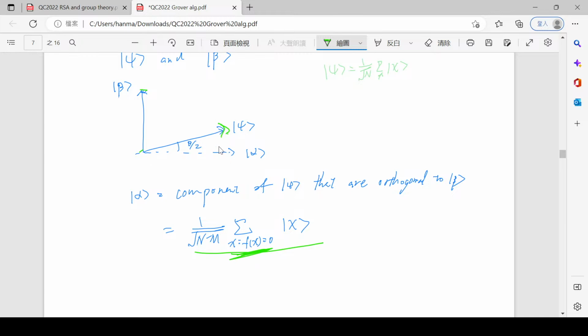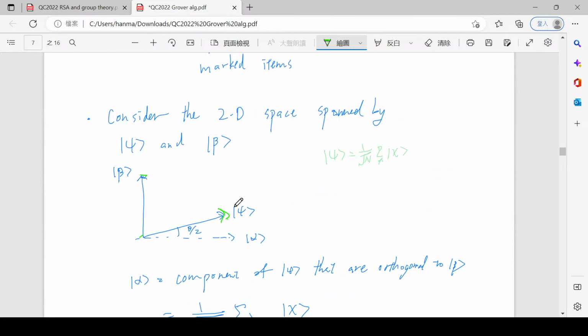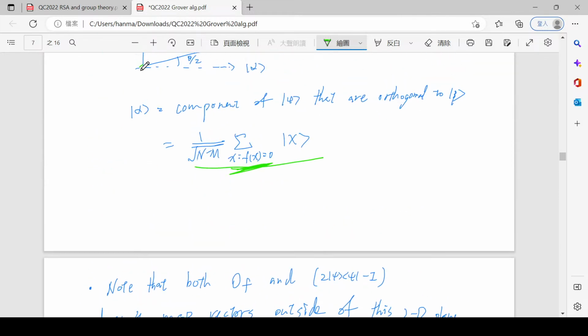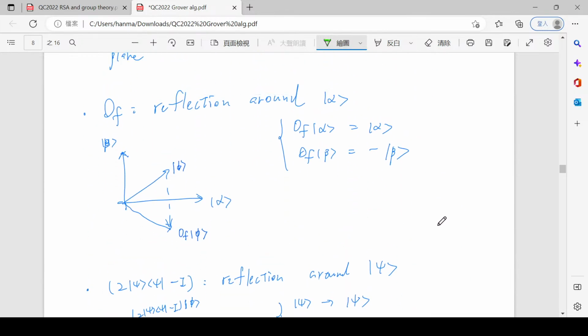Anyway, so that's that. And now we think about what our Grover iteration does in this subspace. We will start our algorithm with being this state, because that's what we do. We start with 0 and we do Hadamard, and we start with being this state, right? Equal superposition of everything. And then the first thing we do is we apply the oracle.